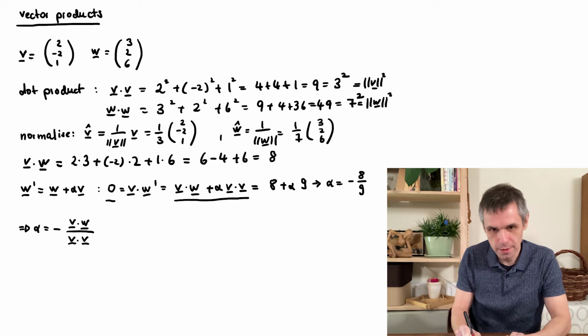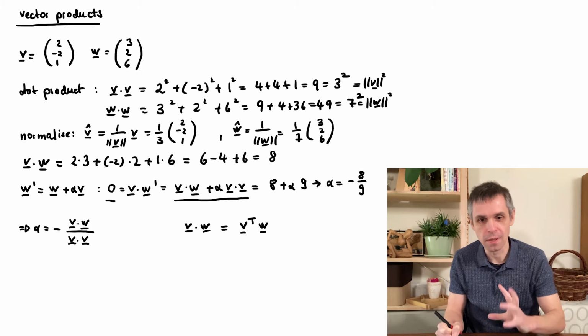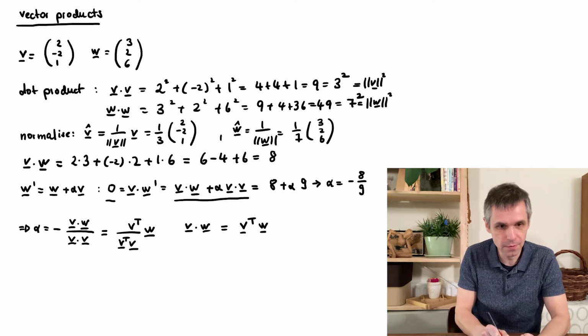Next, we are going to reinterpret these dot products as matrix products between a row vector and a column vector. So this is mathematically just the same thing, but it is useful here because we can then write this also in the following form. And then we can insert this above into our definition of w prime.